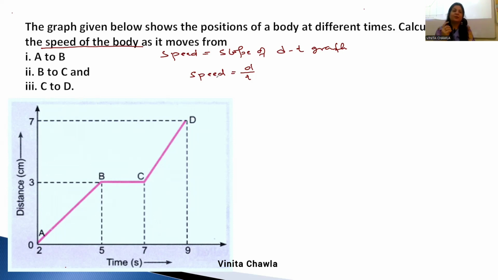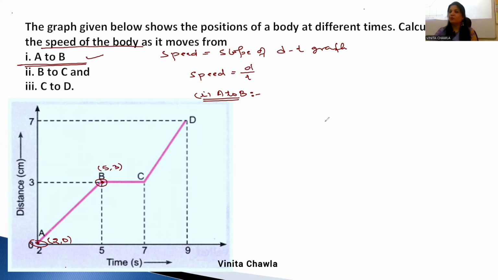Okay, so first, let's find out for A to B. From A to B, we have to find the slope. Only then we can get the speed. So let's choose two points. What are the coordinates of point A? It's 2, 0. Abscissa is 2 and ordinate is 0. And what are the coordinates of point B? It's 5, 3.